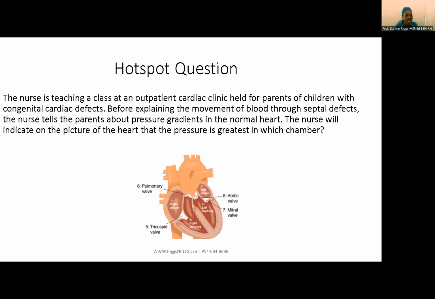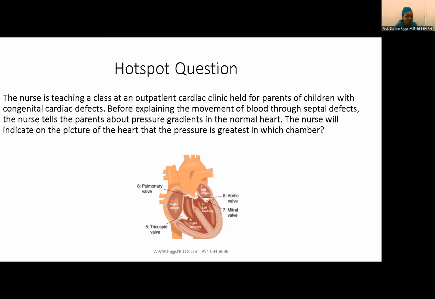So here, the nurse is teaching a class at an outpatient cardiac clinic held for parents of children with congenital cardiac defects. Before explaining the movement of blood through the septal defects, the nurse tells the parents about pressure gradients in the normal heart. The nurse will indicate on the picture of the heart that the pressure is greatest in which chamber.